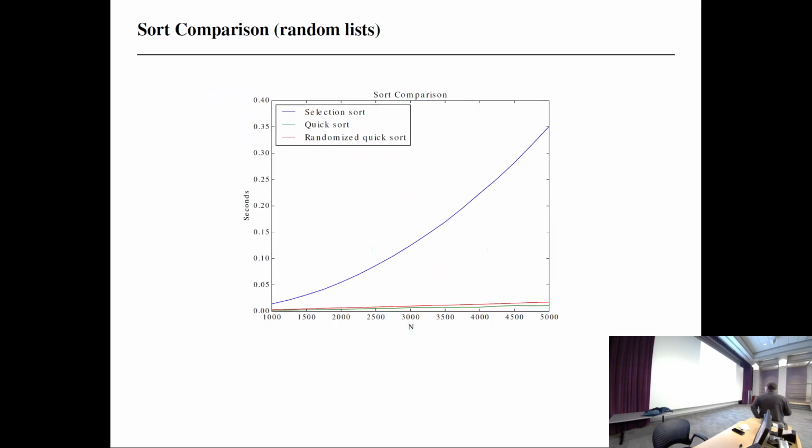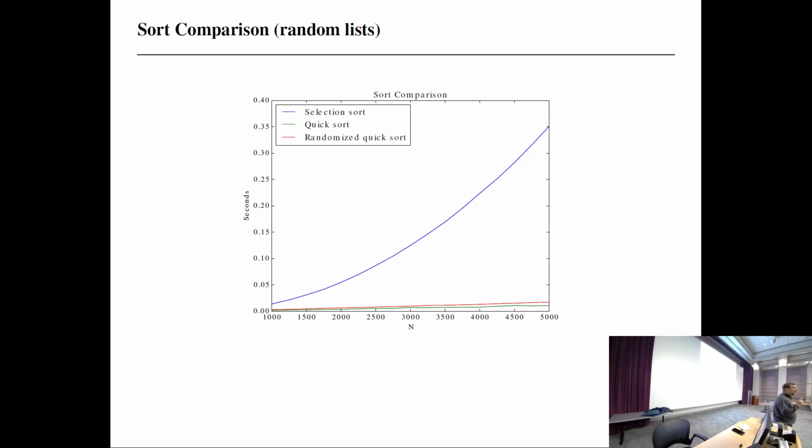So what does that do? Well, here's randomized quicksort. That's what we just talked about. You can see that it's got essentially the runtime behavior of quicksort. It's a little bit slower because it has to do a little bit of extra work. It's always randomly moving stuff around. But what's important here is that the shape of the curve is the same.